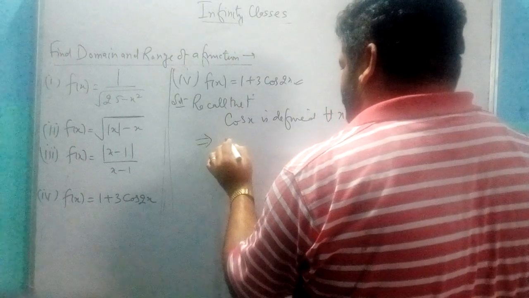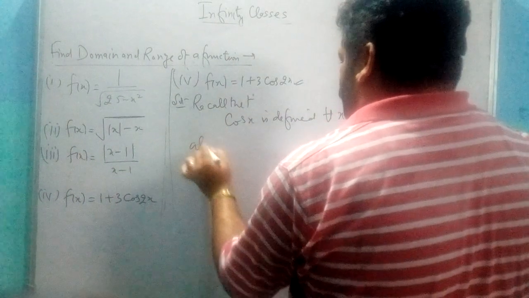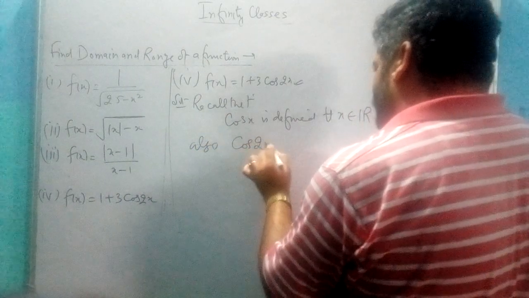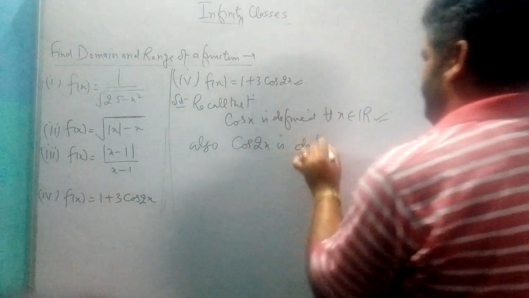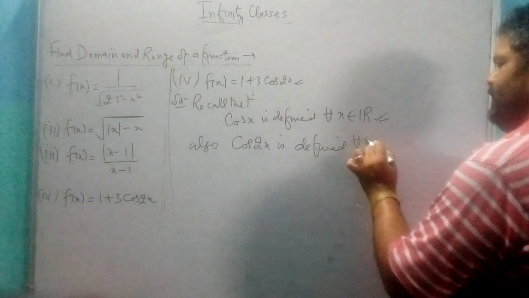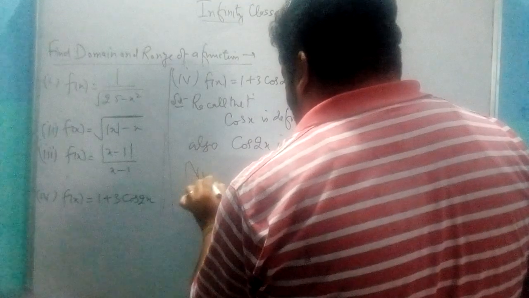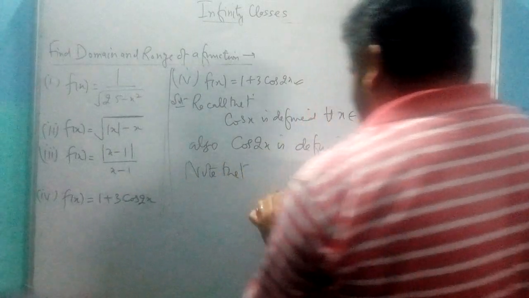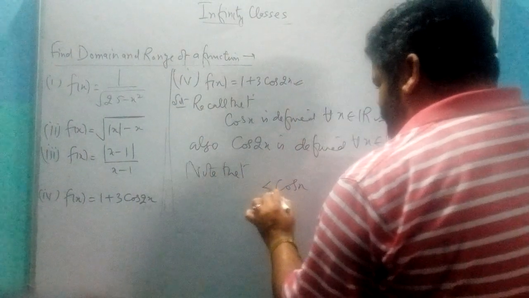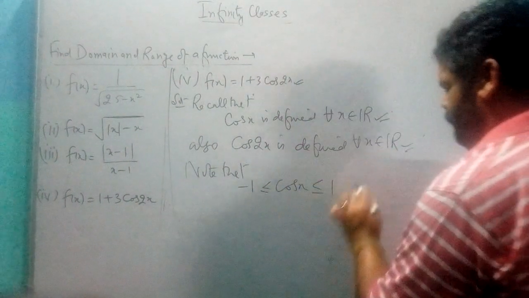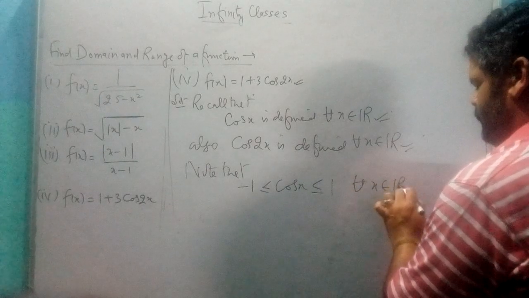Similarly, also if angle is 2x, this is also defined for all x belongs to real. And note that the value of cos x lies between minus 1 to plus 1 for all x belongs to real.